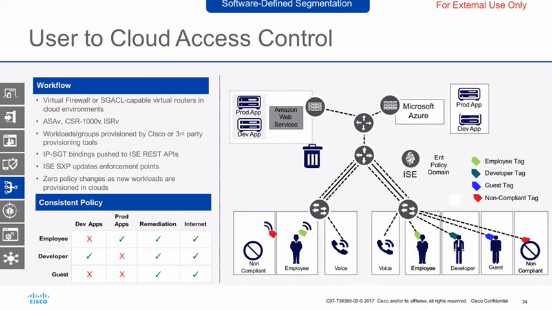And this policy, again, can be applied across not only my on-prem services, but also in the cloud using services such as ASAv or ISRv. So we have this single pane of glass that can not only work with my enterprise network on-prem, but can also be extended to my cloud providers like Amazon Web Services or Microsoft Azure.